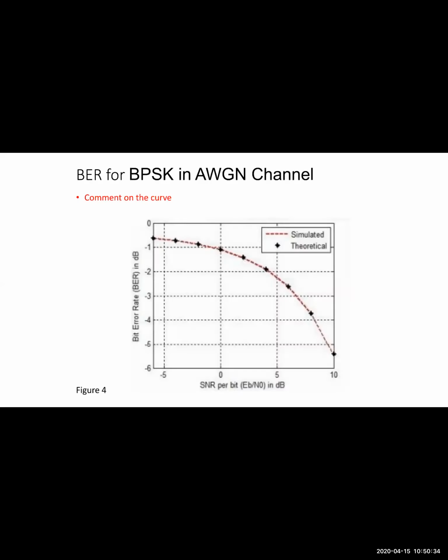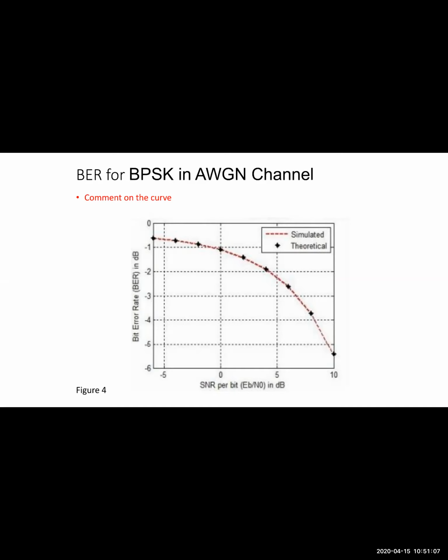So this is what we were talking about. This graph, that's figure 4. Figure 4 is the analytical and then simulated. If you use the equation we have in equation 7 or so, and then you vary gamma B, this is what you have. Do you get it? As the SNR per bit increases, you see that the bit error rate decreases.